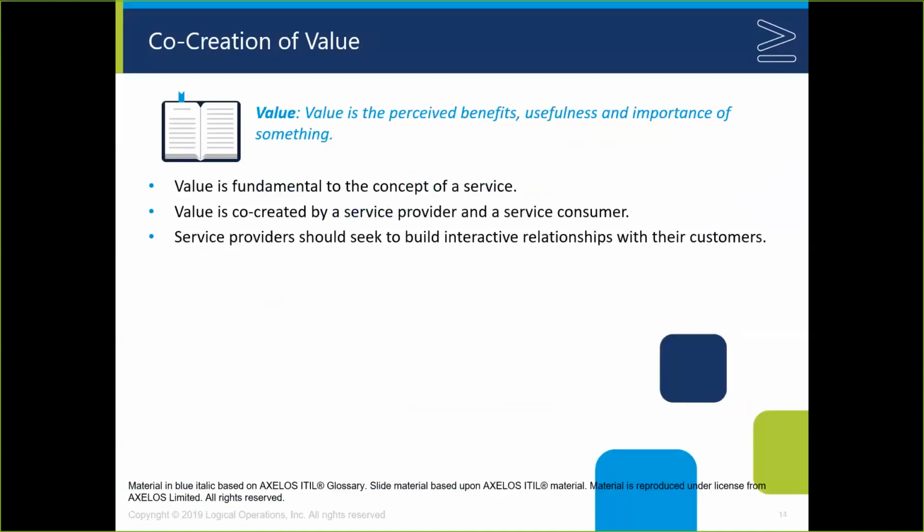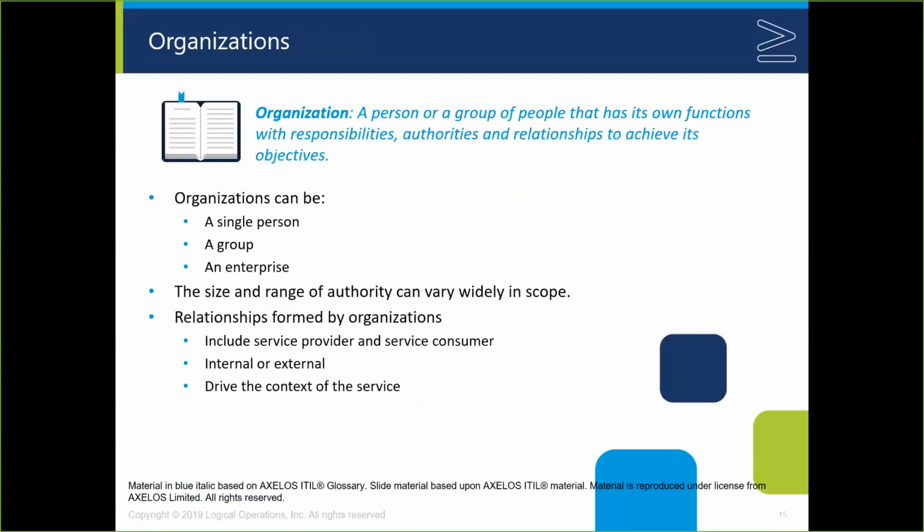So again, we define what value is, why services co-create value. This was the definition of value in other frameworks like COBIT 5 and ISO 20000, and they've adopted it in ITIL 4 to really use the same definition here. They define an organization. Organizations can happen at many levels.